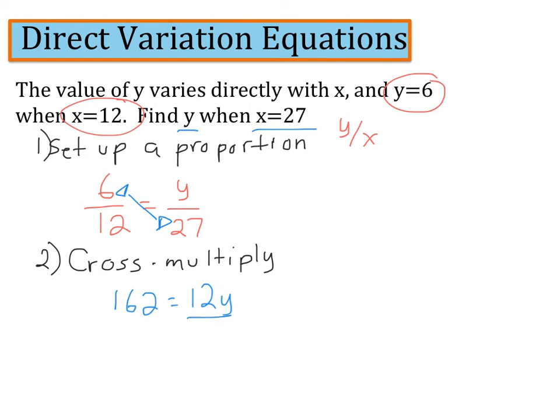So here we just solve for y, divide both sides by 12. Y is going to equal 13.5. And that's how we solve for the value of a missing ordered pair when we know that we have a direct variation equation.